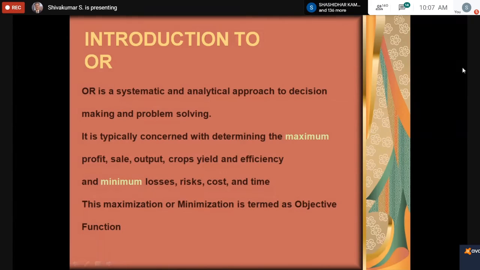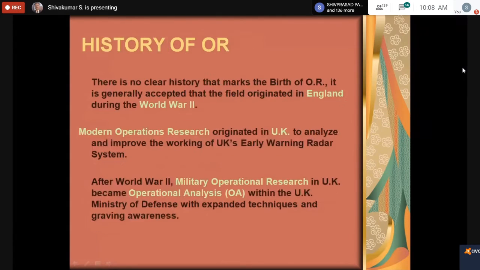That is maximization. What can you minimize? Minimize the losses, the cost, the risks, the time. These can be reduced. So OR is focusing on maximizing profit or minimizing cost.